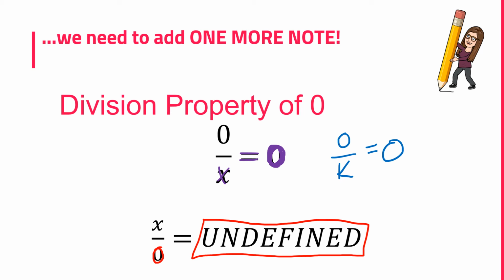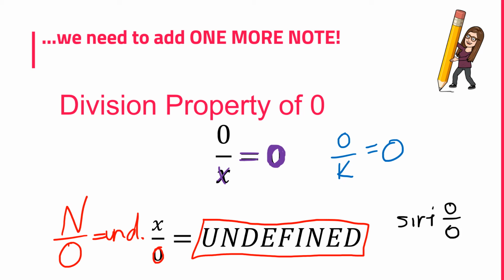We're going to write the word undefined. That's the math word for it is not possible to divide by 0. My shortcut for that, my trick that I learned from a friend, if it's a no equation, it's undefined. For fun, if we haven't already in class, make sure to ask Siri what 0 divided by 0 is sometime.